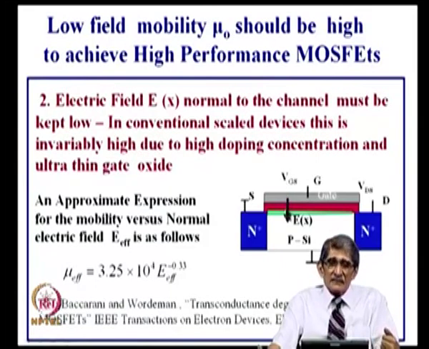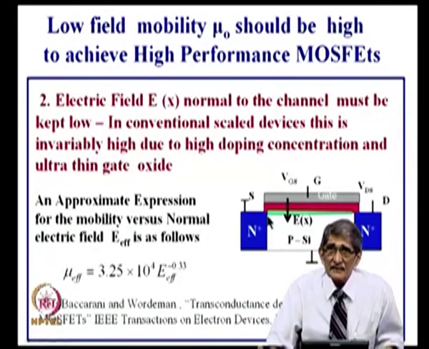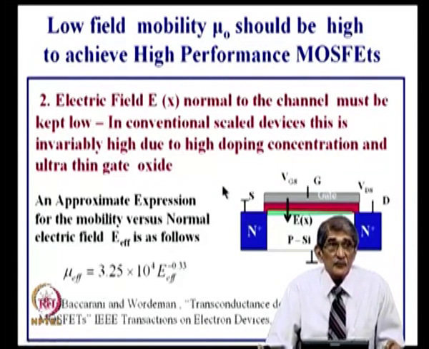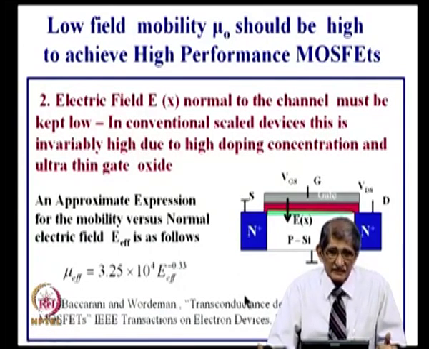Therefore, the electric field is again lower in this vertical, normal direction. So, if you reduce the doping concentration, naturally you will get improved low field mobility in that direction, and you will get improved velocity. You can get very close to the saturation velocity, the thermal velocity.